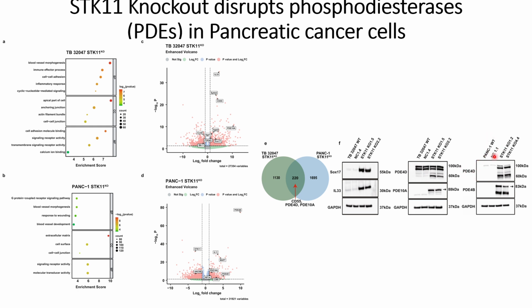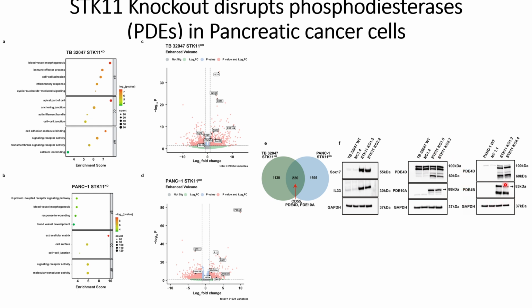And when they did it for the PANC1 cells, they also saw the same thing for PDE4D, that it is upregulated in the case of STK11 knockout. However, PDE10A is upregulated in the case of the TB32047 knockout, but they do not see too much difference, or the amount of PDE4B is almost negligible, both in the TB32047 control and the STK11 knockout.